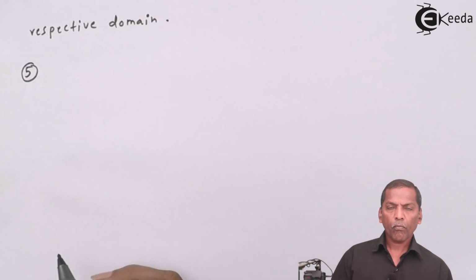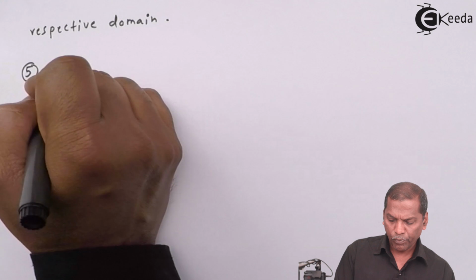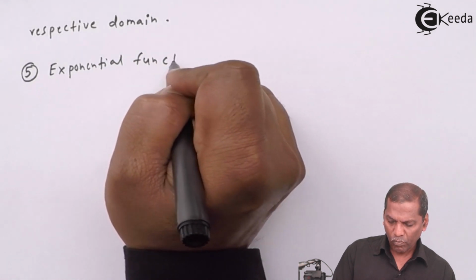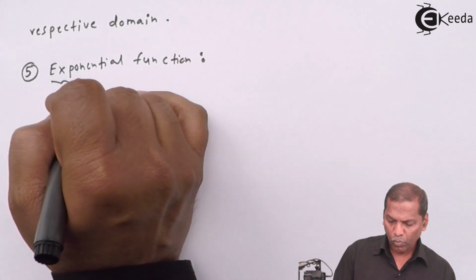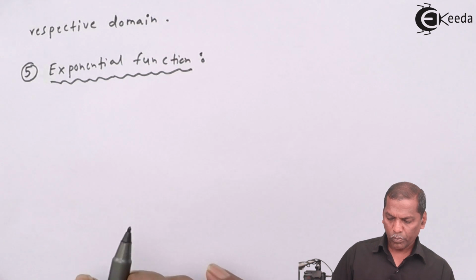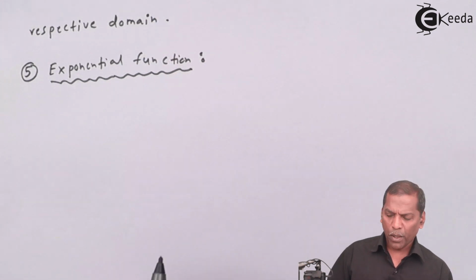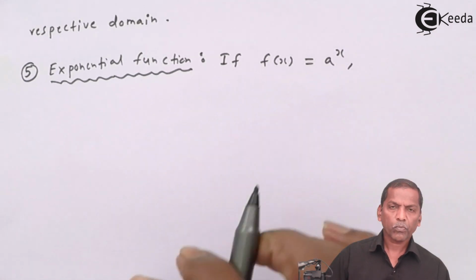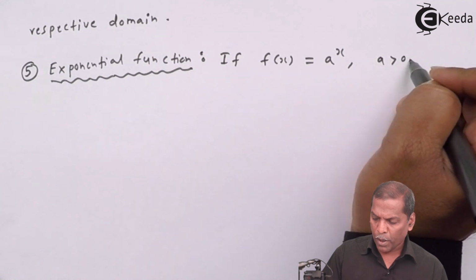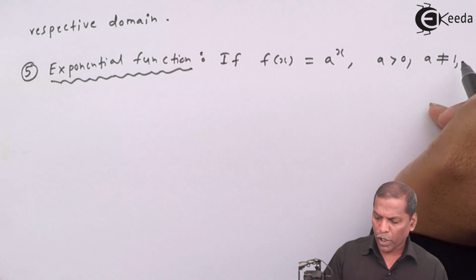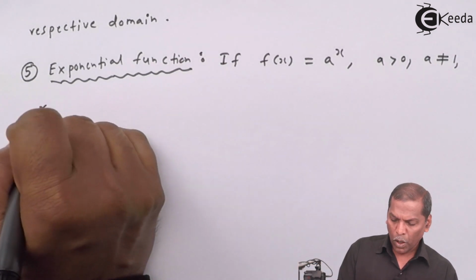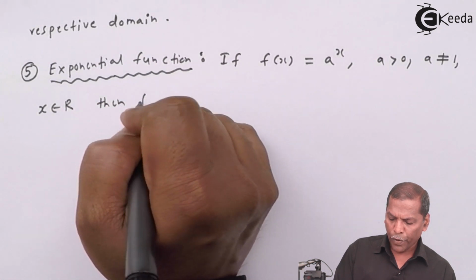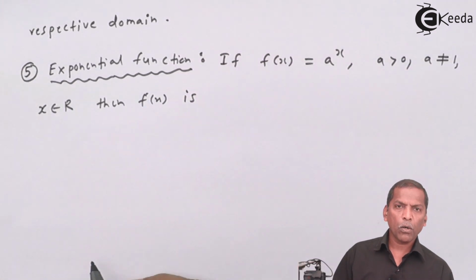Number 5, exponential function. If f of x is equal to a raised x, a greater than 0, a not equal to 1, x belongs to set of real number, then f of x is called exponential function.